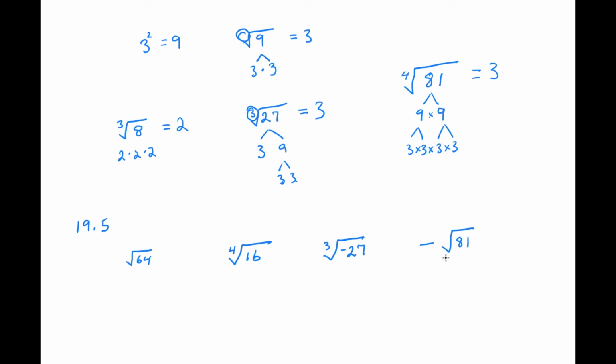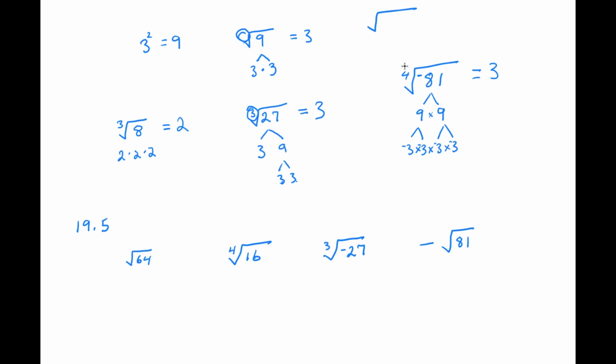Now, something I want to point out before we get started is when you have a square root or an even root, you will never have a negative symbol under here, because if these were all negatives, negative 3 times negative 3 times negative 3, you have 2 pairs here.